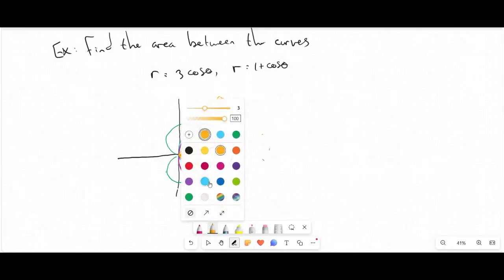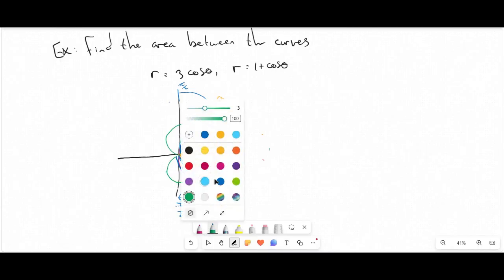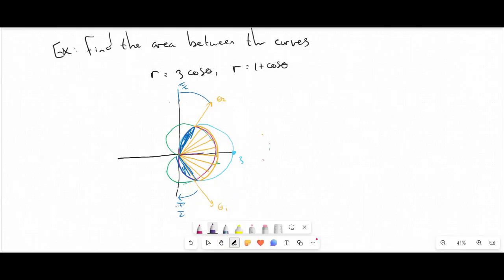And that's not going to be everything because there's still these chunks here and here, and there. For those two regions, we're going to go from theta 2 to pi over 2, or down here, from theta 1 to negative pi over 2. But there's a symmetry here, so we only need to find one of those. And similarly, you only have to integrate from here to here and double that. So let's do it that way.